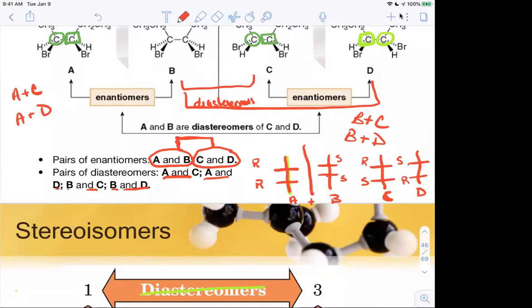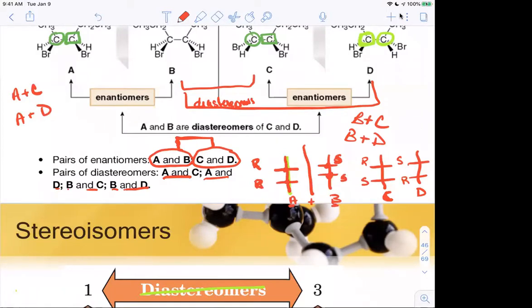So when I have enantiomers, the two chiral centers in one molecule are going to be the opposite configuration of the two chiral centers in the enantiomer. What I mean by that is I have RR on A, and let's say I have SS on B. This is hypothetical.